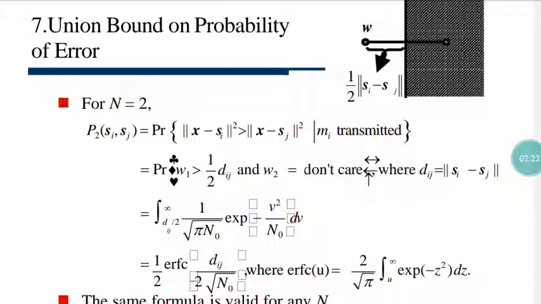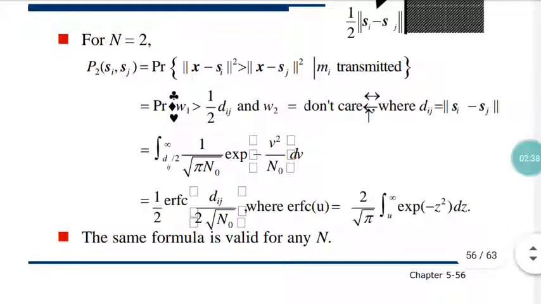So finally the probability can be given as the integral from dij/2 to infinity of 1/√(π n0) e^(−v²/n0) dv. That equals half ERFC of dij by 2√n0, where ERFC(u) equals 2/√π times the integral from u to infinity of e^(−z²) dz. The same formula is valid for any n.